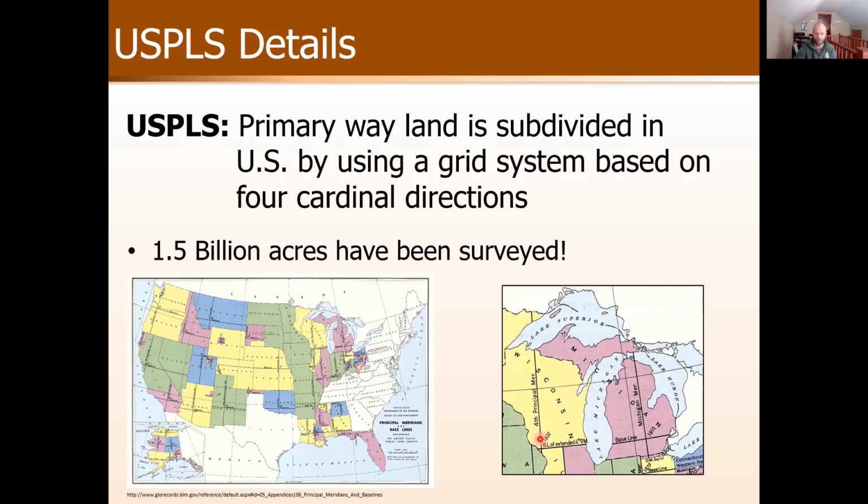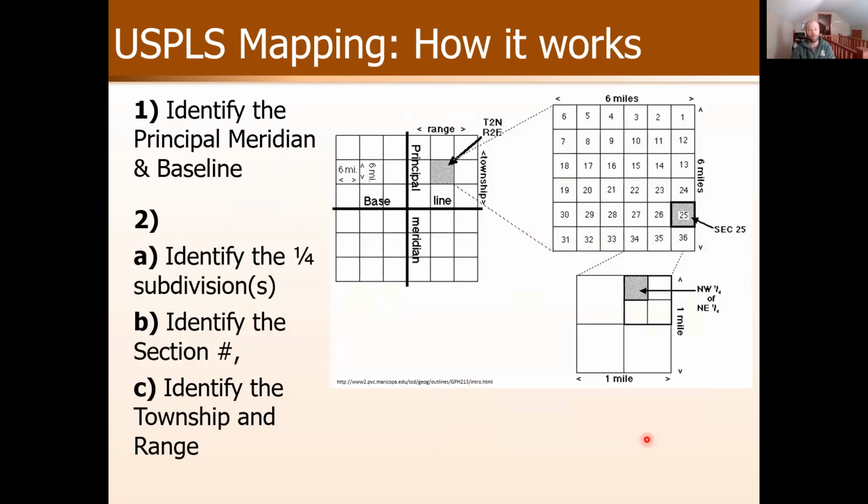Similarly, the fourth principal meridian only has one baseline crossing it right there. There's not another baseline. So you always want to start with finding that corner, that intersection between the baseline and that principal meridian. So here's where our principal meridian and baseline cross in this example.